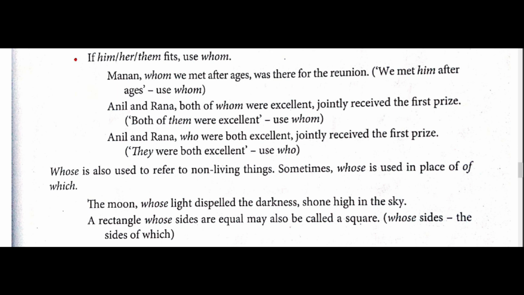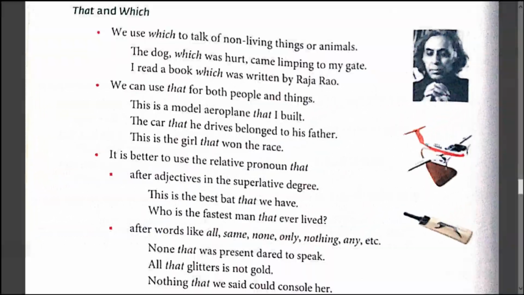So for moon, whose light is it? Its light. So you'll be using whose. The rectangle whose sides are equal may also be called a square. You're talking about a non-living thing, students, and so you'll be using whose. So whose sides are you talking about? Rectangle. So the sides of which rectangle. So you'll be using whose.